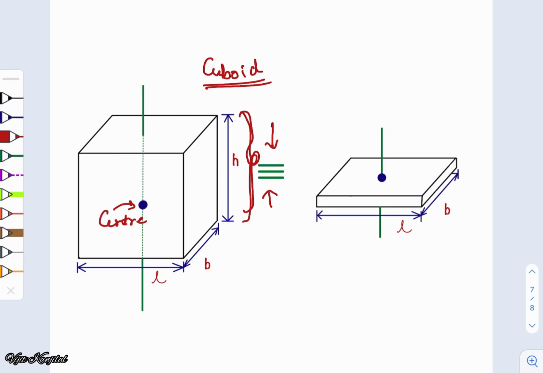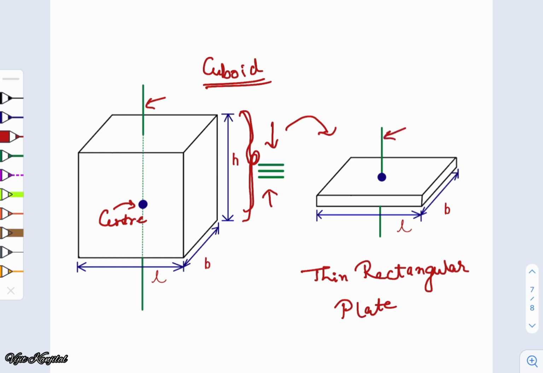So what do we get? We get a thin rectangular plate of length L and breadth B, and the moment of inertia of this cuboid with respect to this axis is the same as the moment of inertia of this thin rectangular plate with respect to this particular axis.